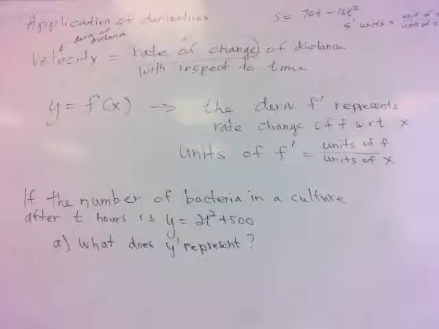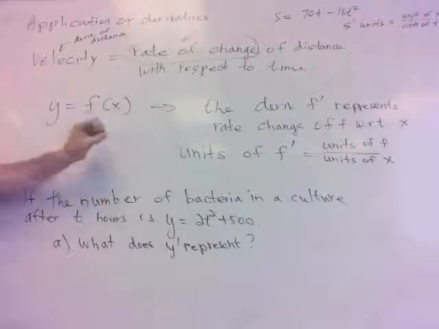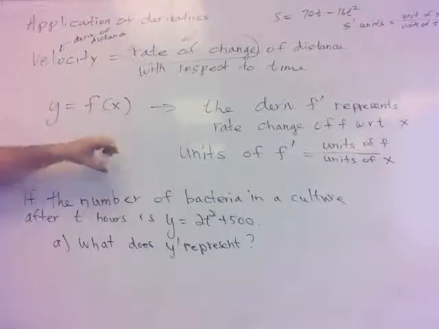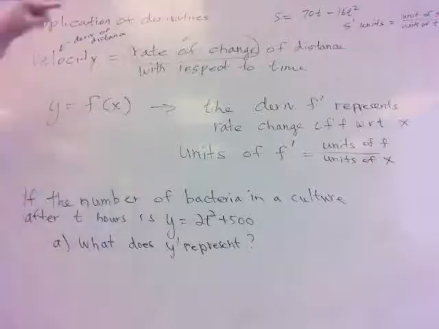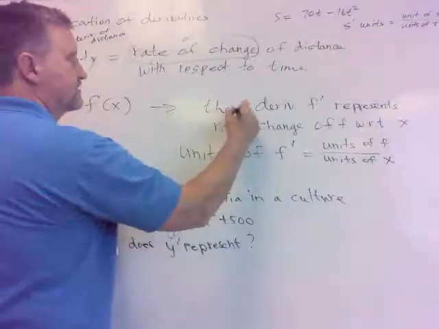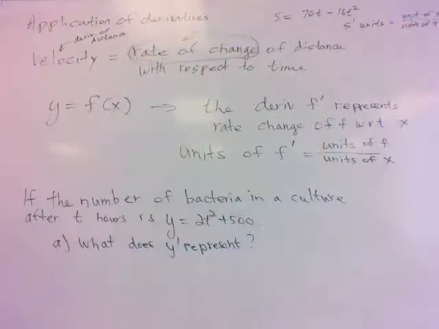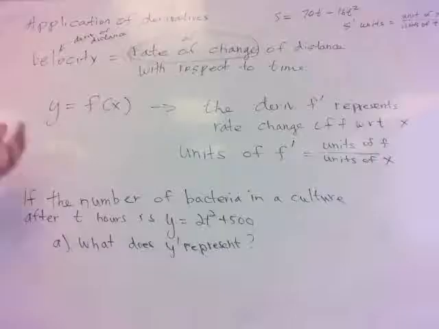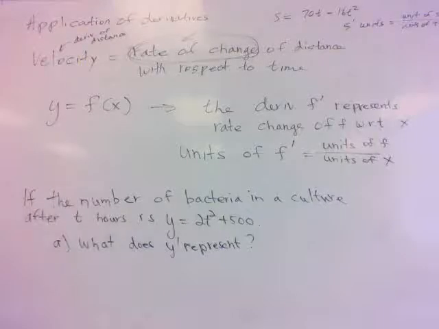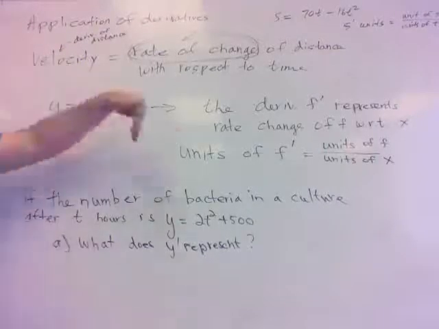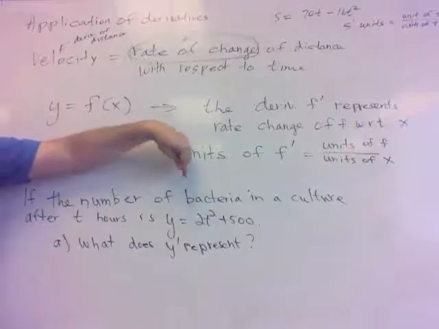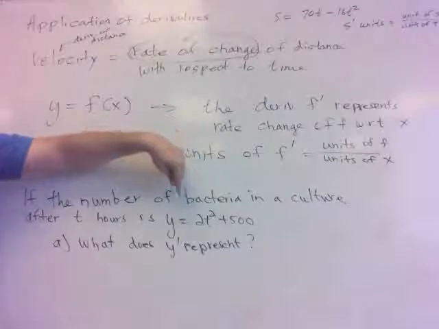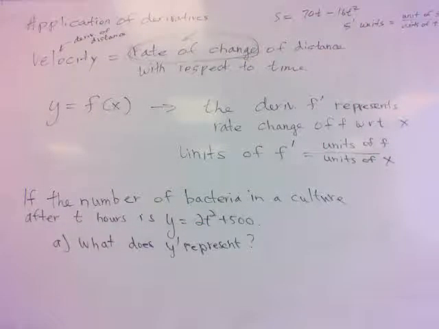And what I would like for you to get in the habit of is just noting that the derivative is going to be the rate of change. In this case, we're talking about the number of bacteria. So what does the derivative represent? It represents the rate of change of bacteria with respect to time.